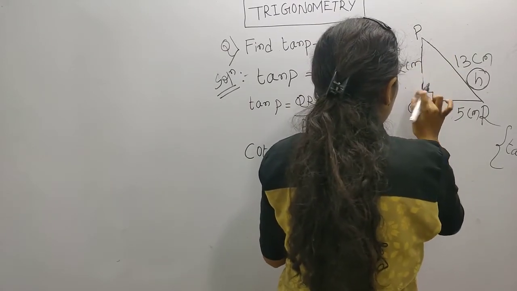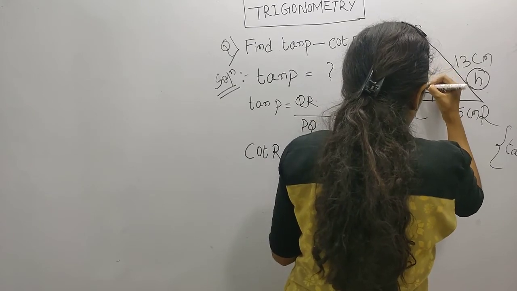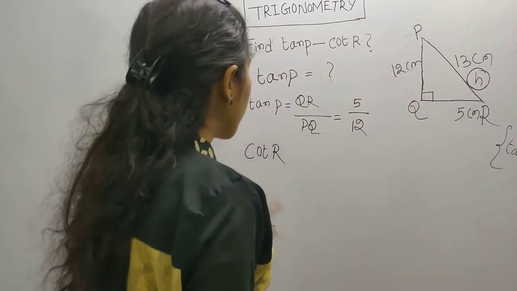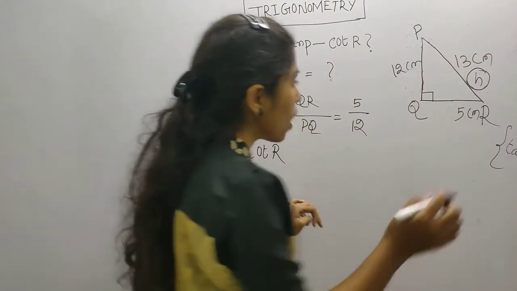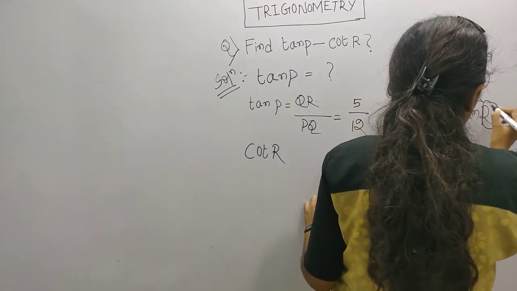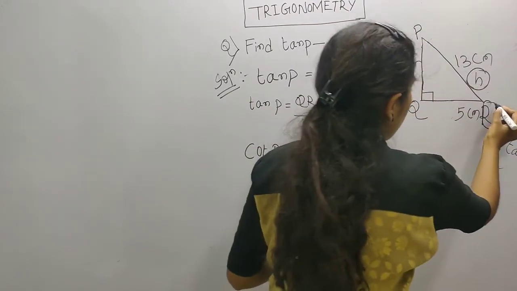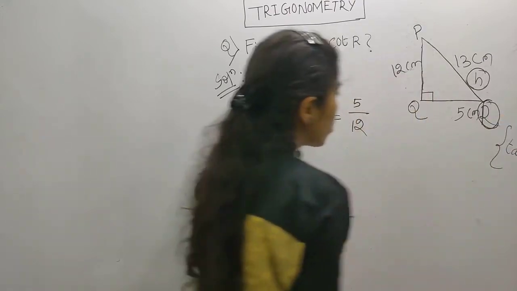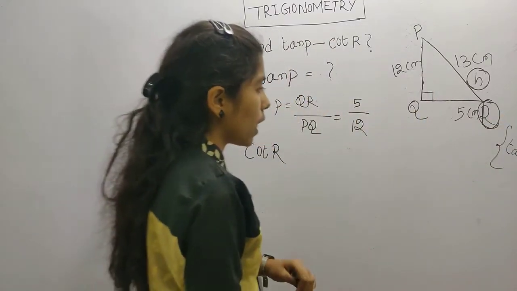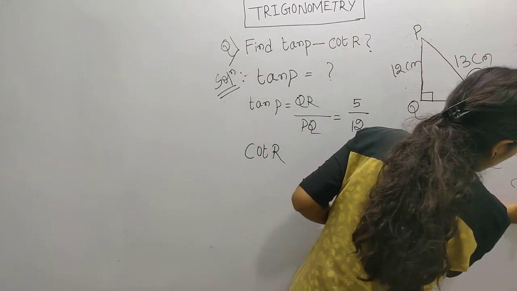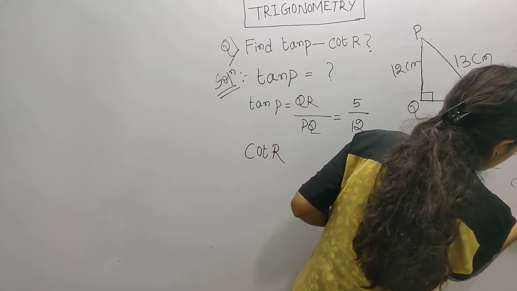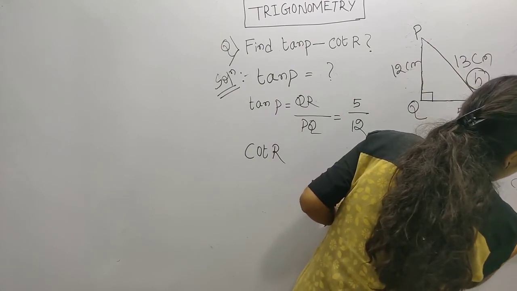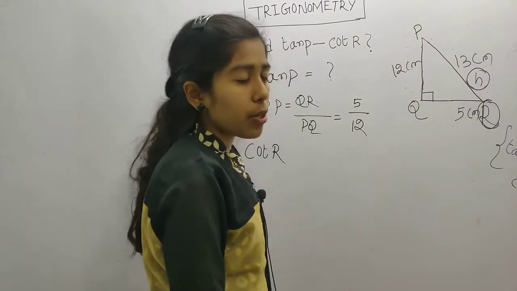Over. So now our main focus is angle R. First of all, let's write the cot theta formula. Cot theta is the reciprocal of tan theta, meaning B by P. We already know that.